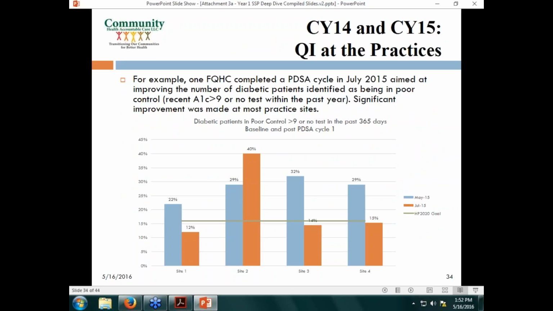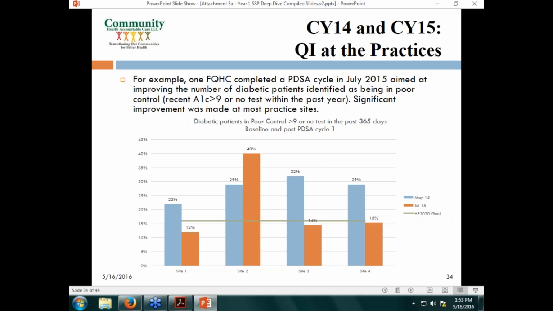So I want to do a deeper dive into what some of this quality improvement work looks like at the practices. This is a result of one of those PDSA cycles that we worked on with one of our largest FQHCs around improving diabetes, around identifying patients as being in poor control for diabetes or having no tests. This health center had multiple sites. We learned through this PDSA work that each of the sites had different issues that needed to be improved. So it's not just that you work at the organization level, it's really working at the site level or with the provider.